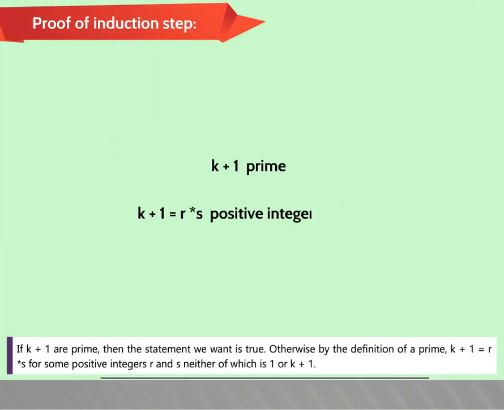If k plus 1 is prime, then the statement we want is true. Otherwise, by the definition of a prime, k plus 1 is equal to r times s for some positive integers r and s, neither of which is 1 or k plus 1.